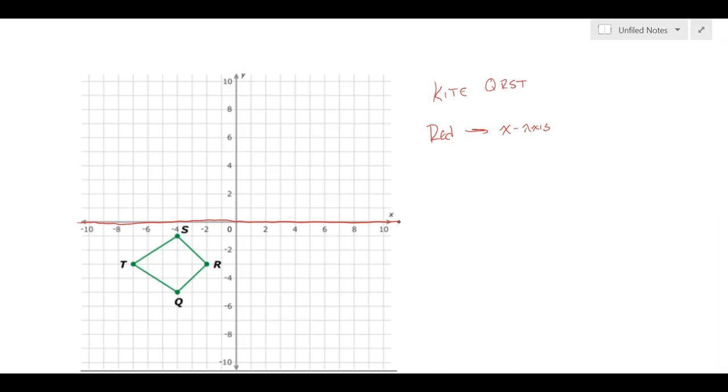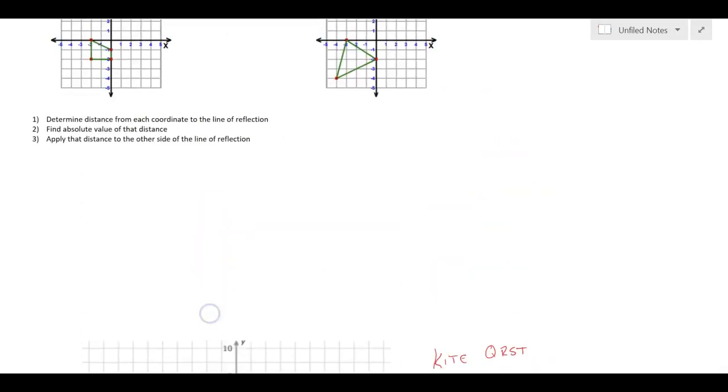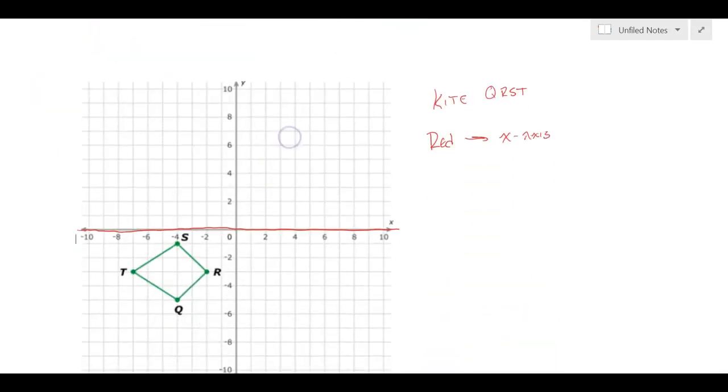I have to determine the distance of each point from the line of reflection. So I'm going to start off just visually showing you this by saying, okay, S is 1 away from the line of reflection. So I've determined the distance to the line of reflection. S is 1 away. So now I need to put S 1 away on the other side. That's going to become S prime.